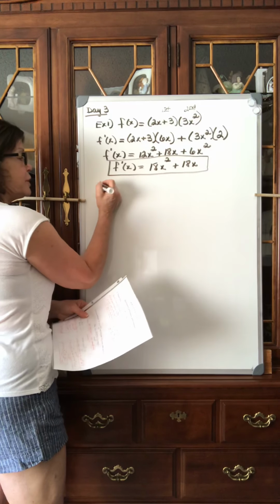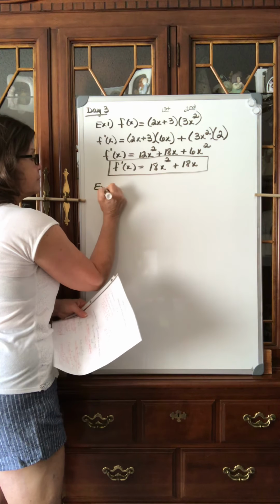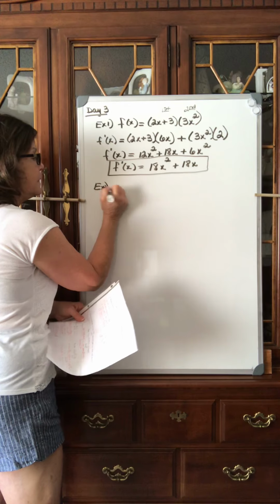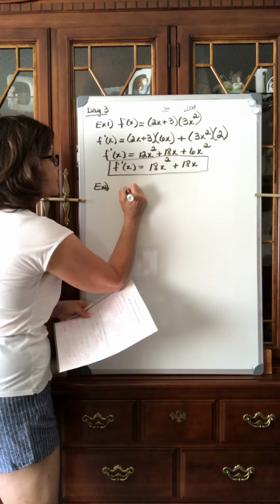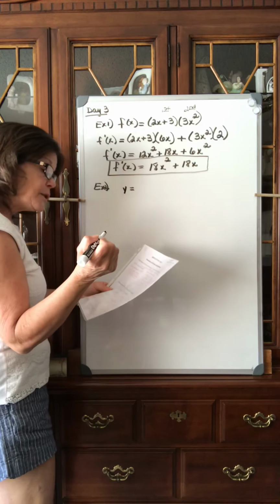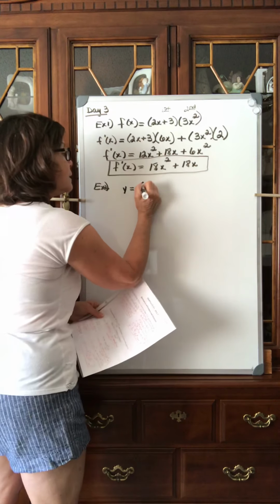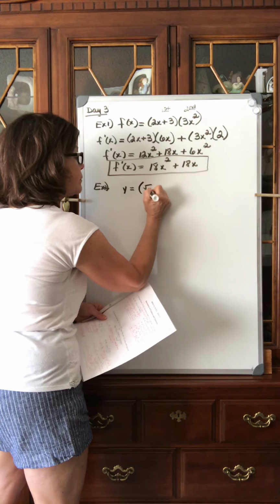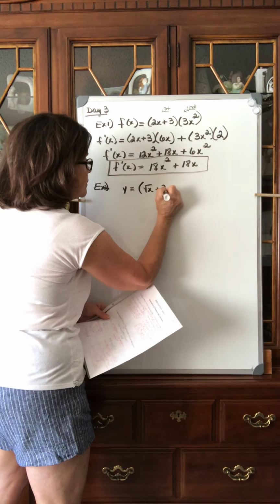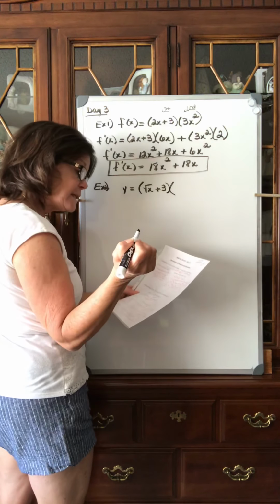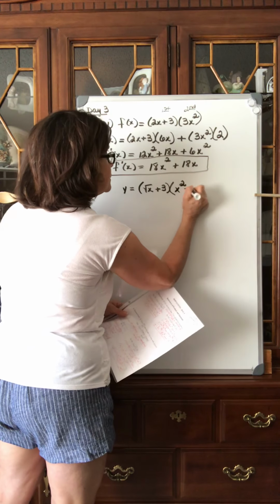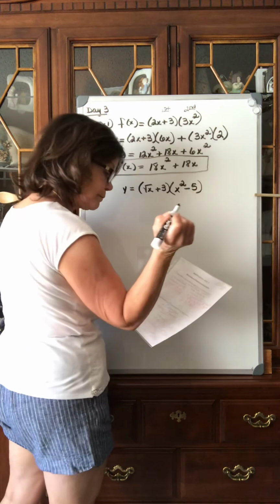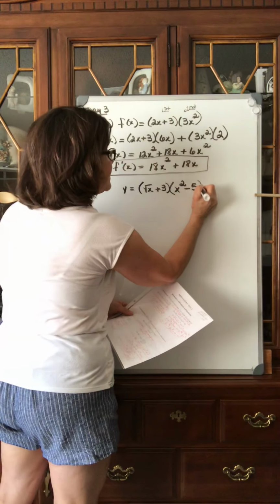Here's example number 2. All right, so our original function, y equals the square root of x plus 3 times x squared minus 5x.